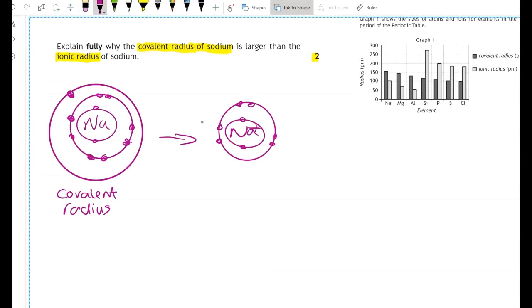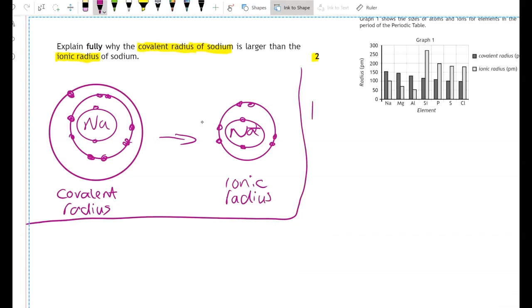Okay, we've gone from 11 electrons here to 10 here for the ionic radius.